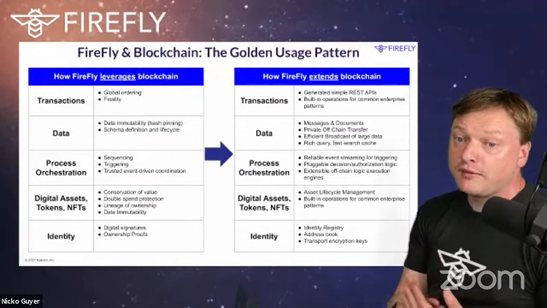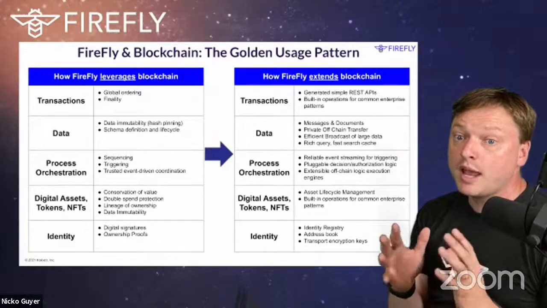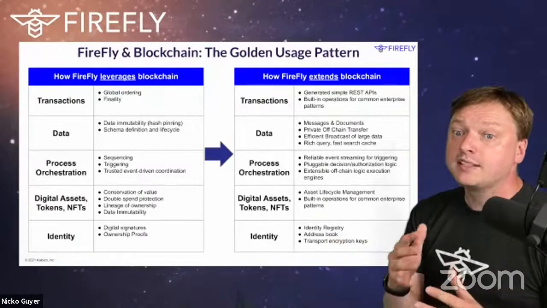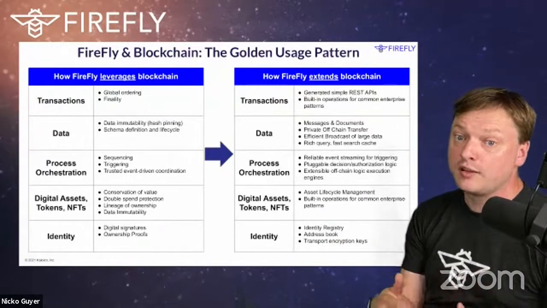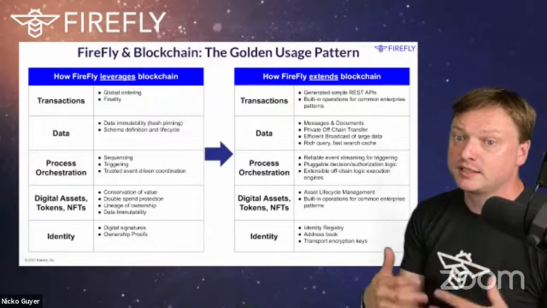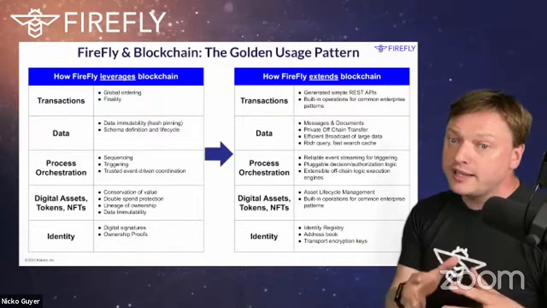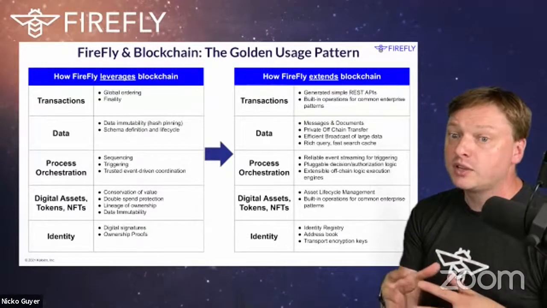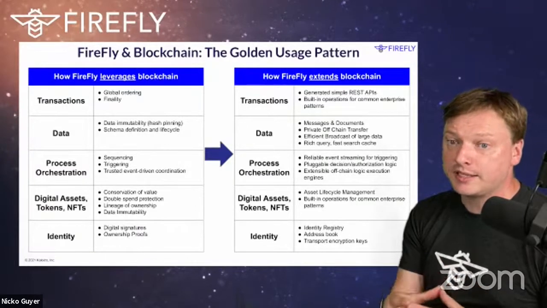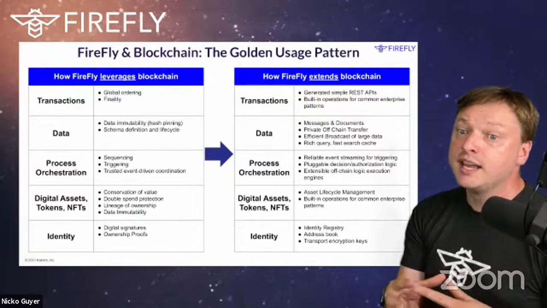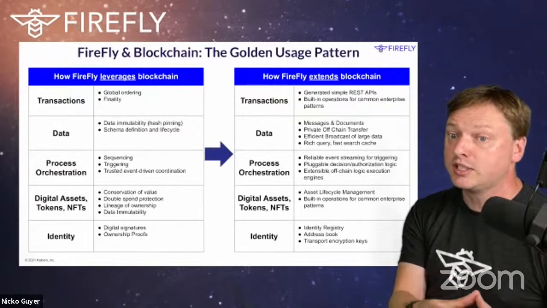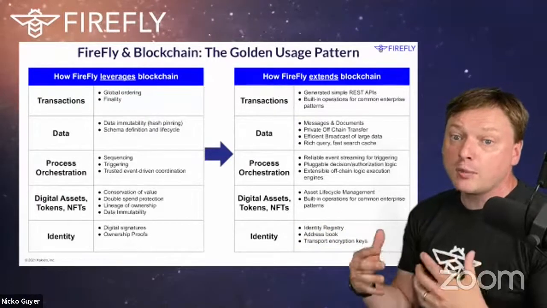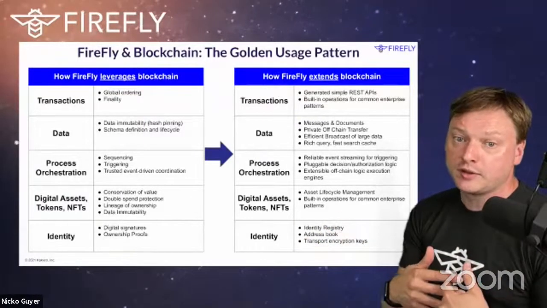So to take from the blockchain things like global ordering and finality that were impossible in the days of REST APIs and messaging when we were building these ecosystems before, and to make that available, and then to extend it with great REST APIs, built-in patterns that bring things together, to then combine that with data and all of the things about data that were true before blockchain: data that's unique to individual parties, data that's private, data that is very sensitive and regulated, data that is small and JSON-based and structured, data that is hundreds of megabytes or gigabytes and unstructured. Bring it all together, and on top of it, allow the pinning and the joining together of those technologies.